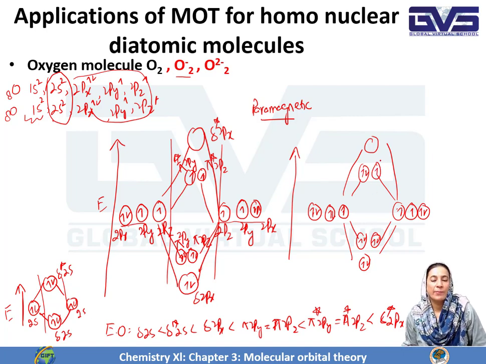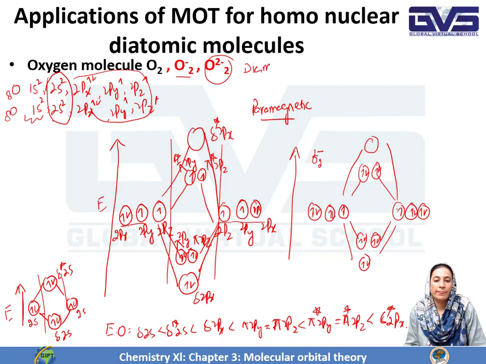So it still has partially filled orbitals. Its paramagnetic behavior will be of low magnitude, but still it is paramagnetic. So this is for O2 single negative. Now if it is 2 negative, then one more electron will come here. So now O2 2 negative will be diamagnetic. Why? Because there are no partially filled molecular orbitals.